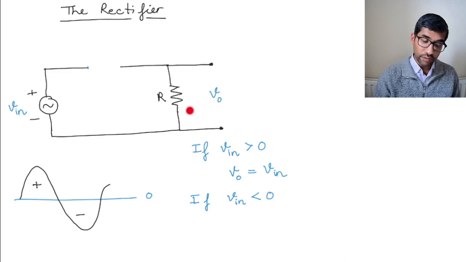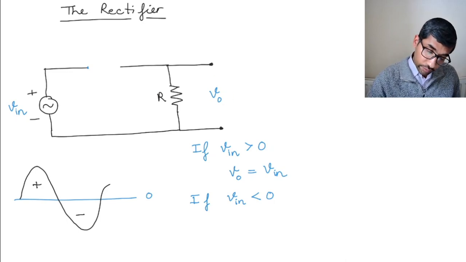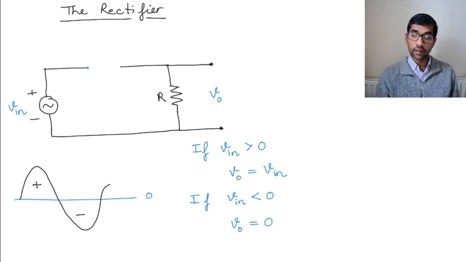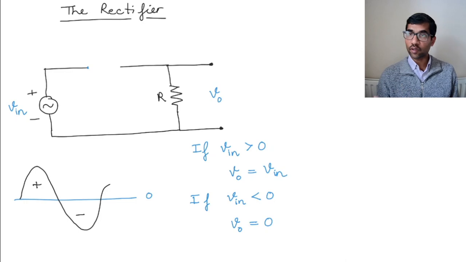So the voltage difference across the resistance is going to be 0, right? I is 0, I times R is 0, so VO is going to be 0, and therefore we have VO equal to 0.